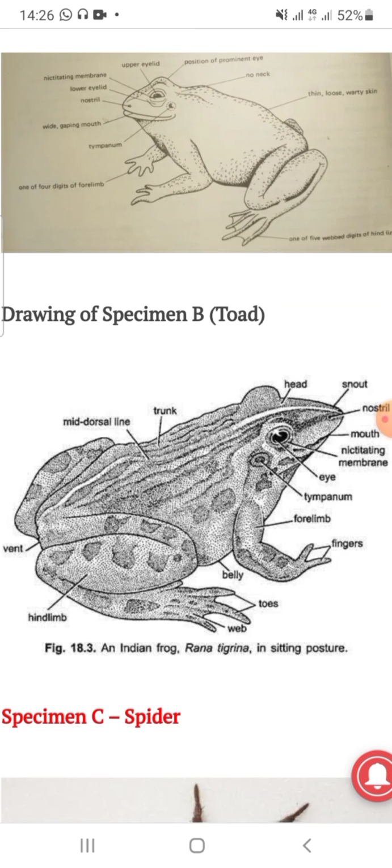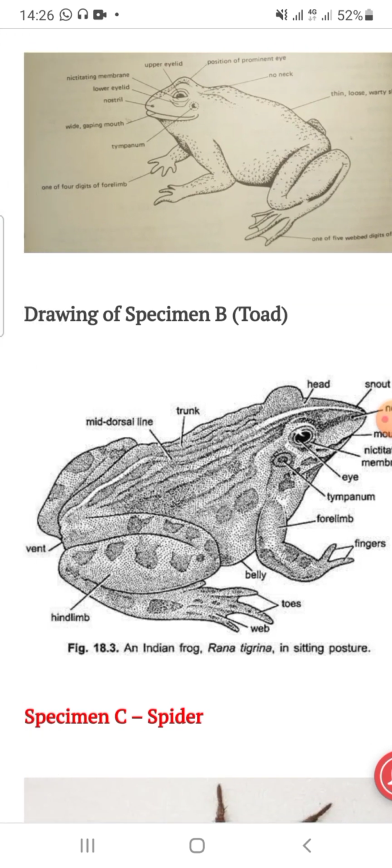Another diagram here for specimen B, which is toad.